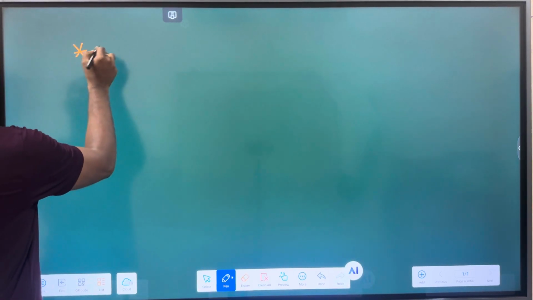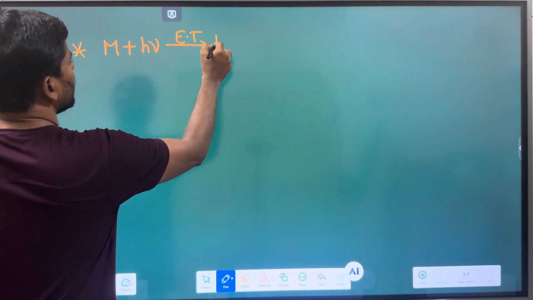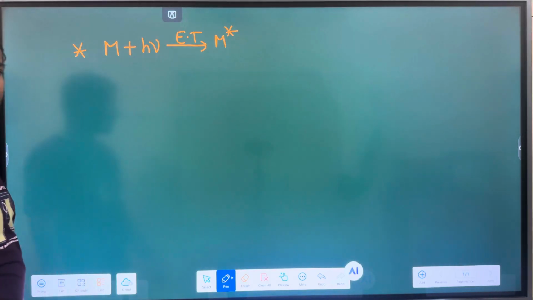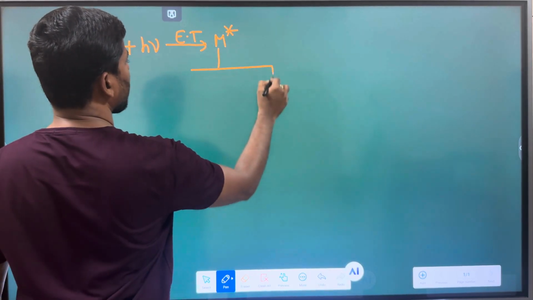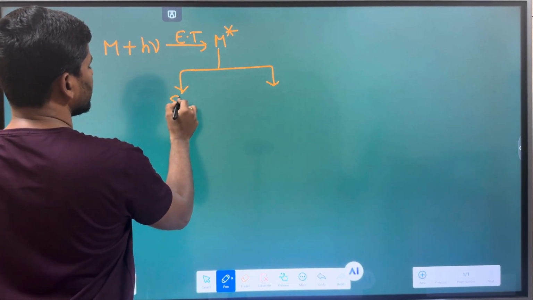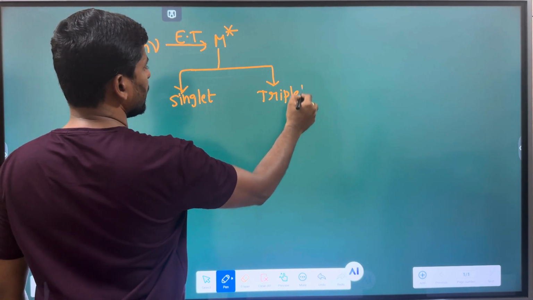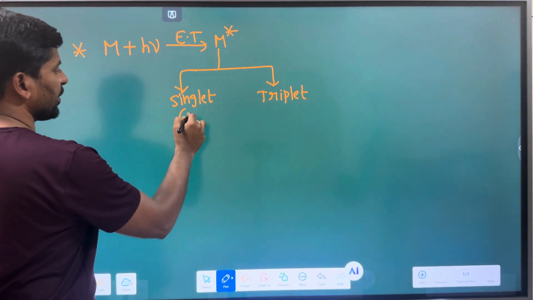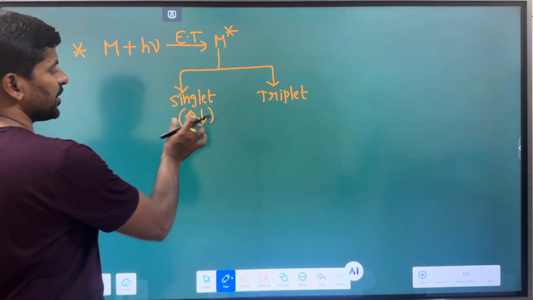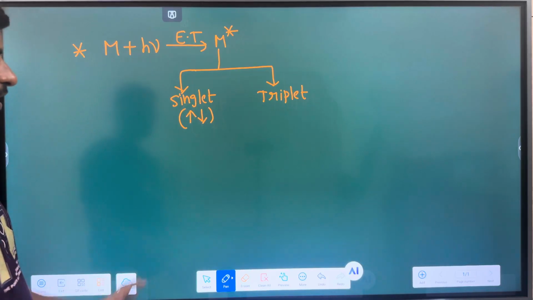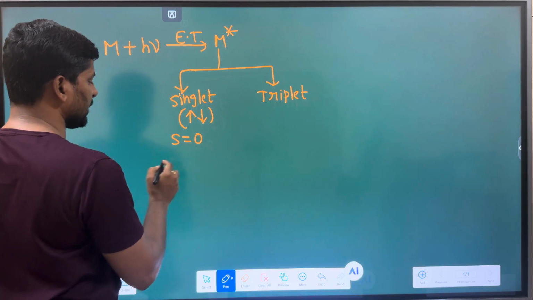Next one, a molecule M absorbs UV-visible radiation, electronic transitions occur, and we get an electronically excited molecule. So it may be a singlet state or triplet state, based on spin multiplicity. For example, if paired electrons have anti-parallel orientation, the total spin is plus half minus half, that is 0.